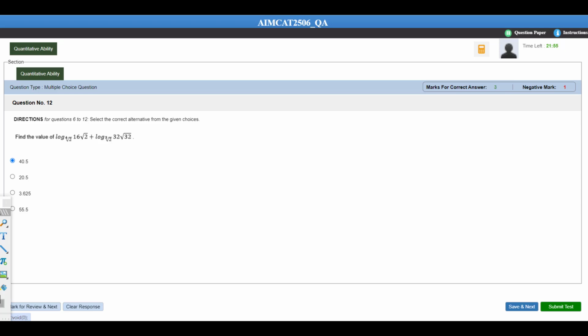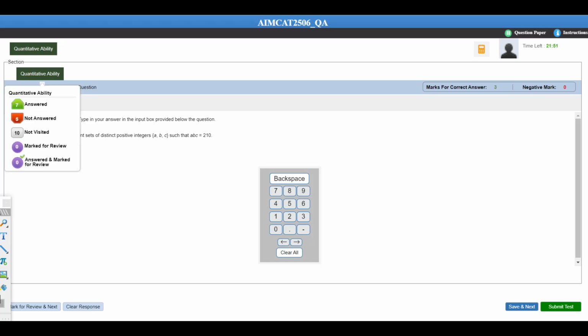So now 21 minutes left and we are done with 7 questions. The next, find the number of 3-element sets of positive integers a, b, c such that a into b into c is equal to 210.